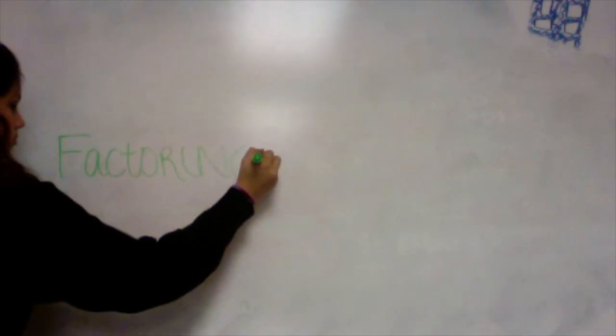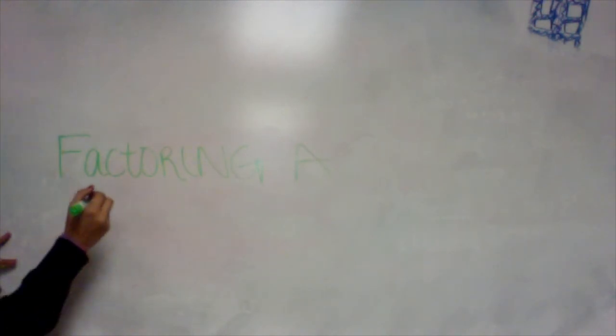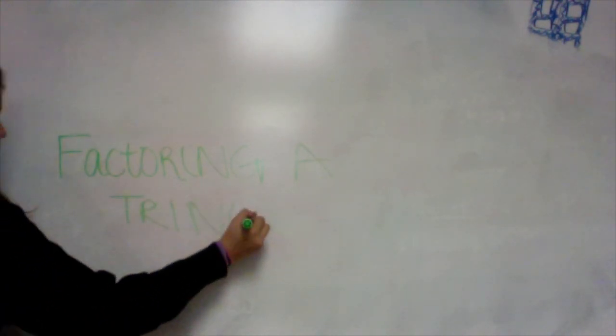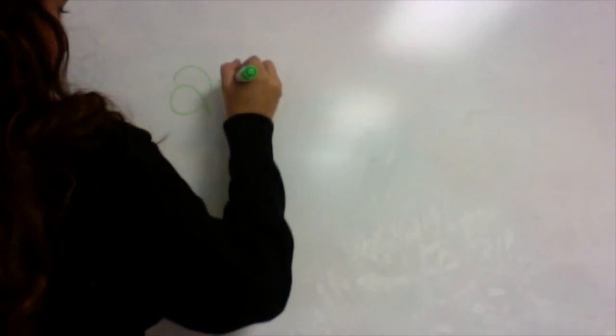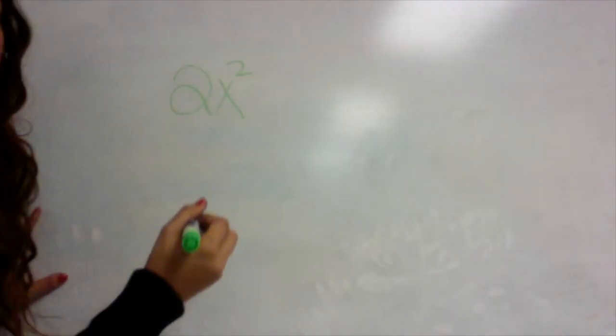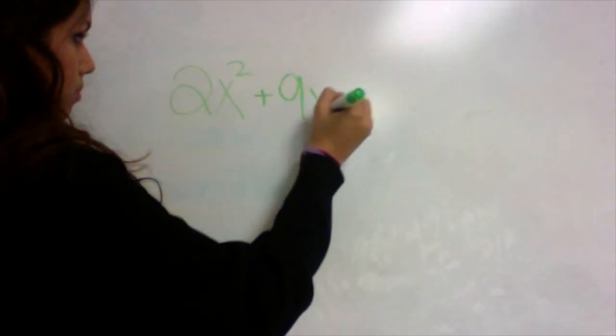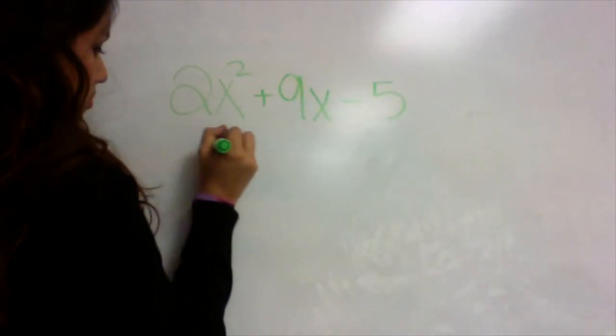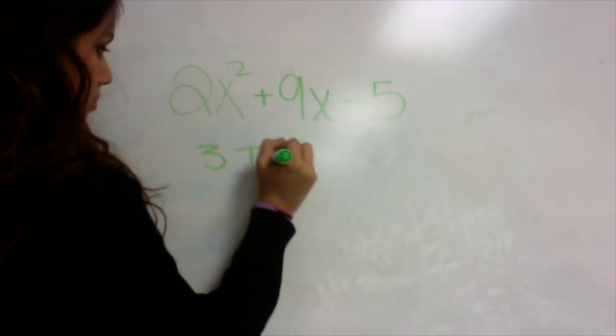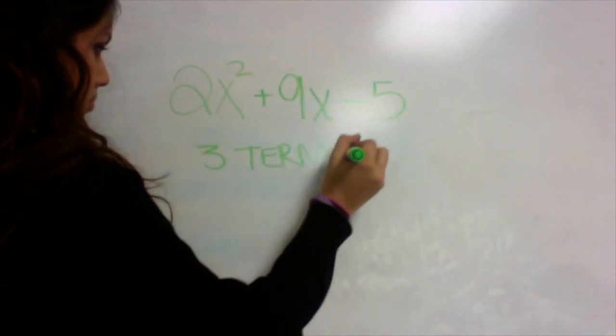Moving on to factoring trinomials. 2x squared plus 9x minus 5 has 3 terms, meaning that this is a trinomial.